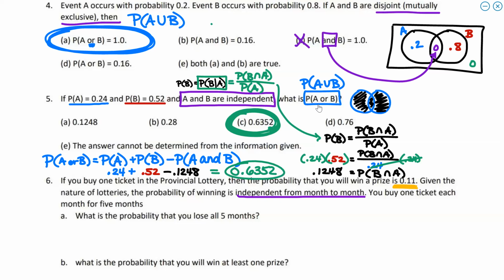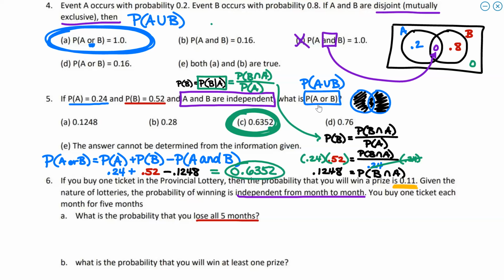It doesn't matter if I play over and over again, my chances every time are 0.11 of winning. You buy one ticket each month for 5 months. What's the probability that you lose all 5 months?